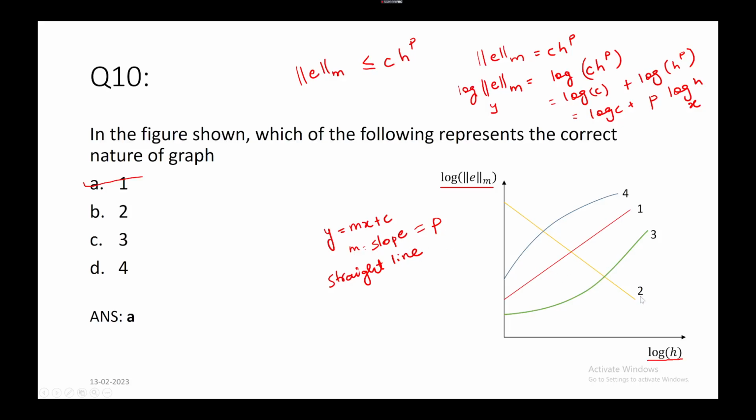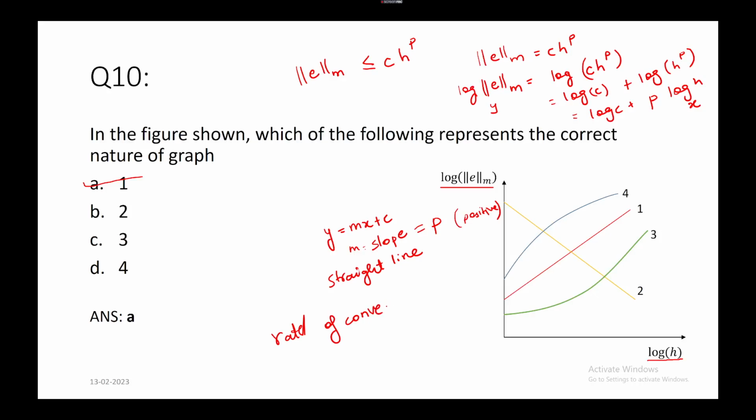And why is it not 2? Why is it 1? Can you guess? Sir, the slope is positive. Yes, because the slope is positive. Why is it positive?